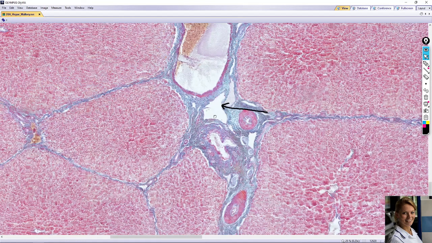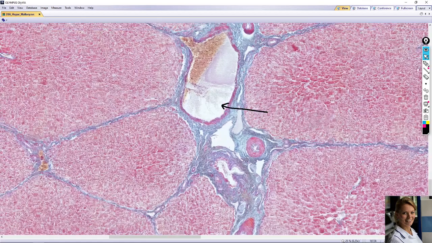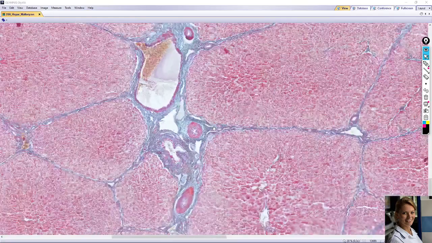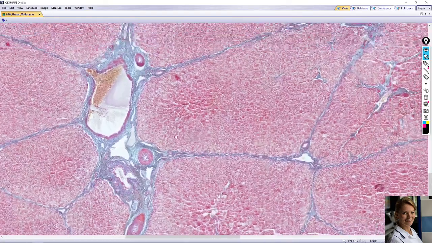And in this big interlobular septa, nerve fibers are also visible here and here and here, and lymph vessels here and here. So this is one big interlobular septa.